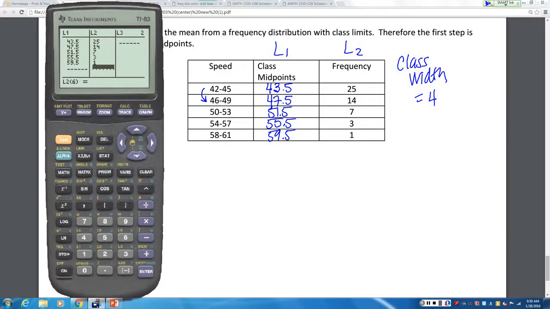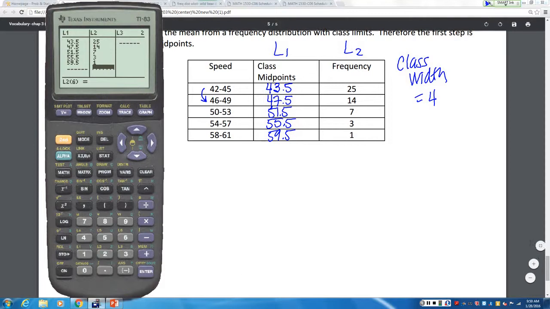So your screen should look like my screen.